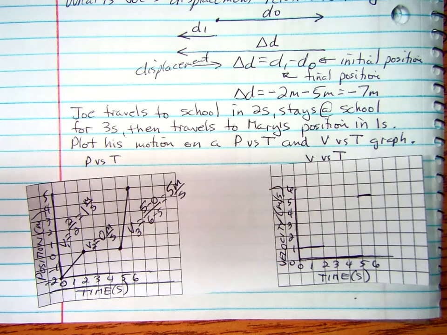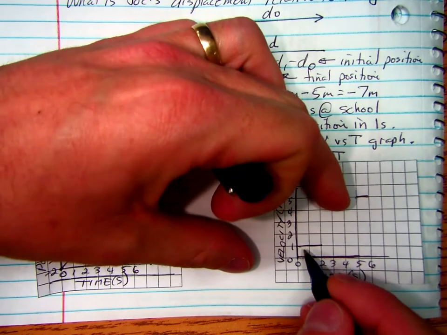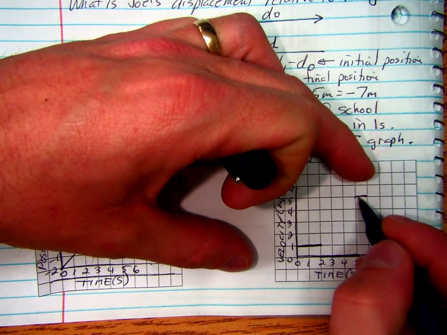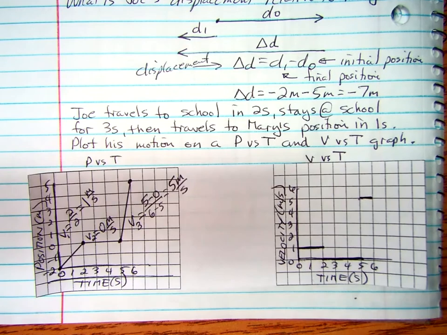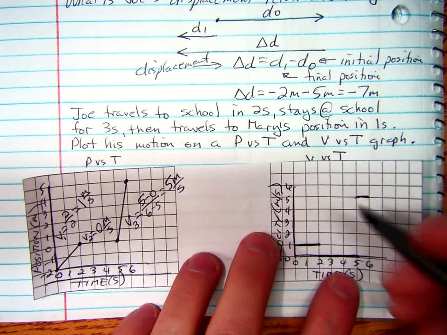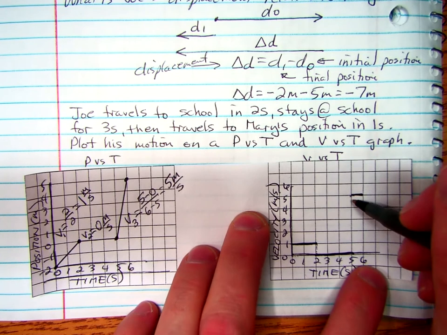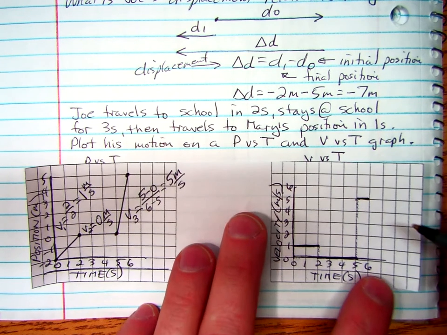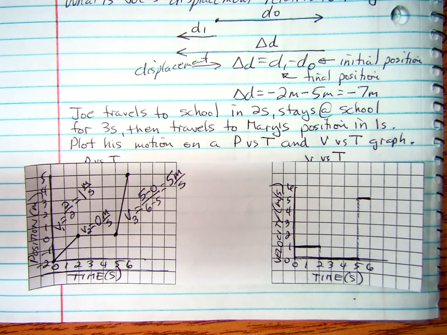And I'm going to mark with a different color pen just so you can see this a little bit better. And then sometimes in these graphs you're going to see dashed lines connecting the different velocities. So I'm going to go ahead and put those. And that just shows that it's a continuous motion. And that is the position versus time graph and the velocity versus time graph for Joe's motion.